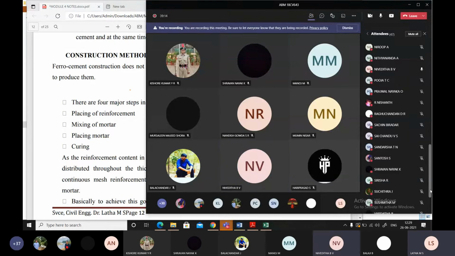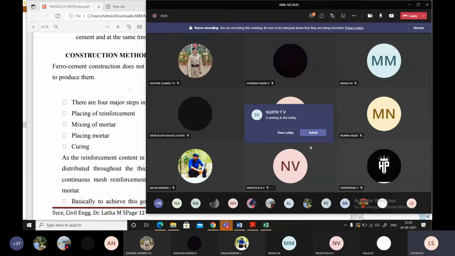Pooja, tell me what other materials you would prefer to add. Skeletal steel, admixtures. Then other than that, if I still want to improve the strength, what should be done? How to improve the properties?